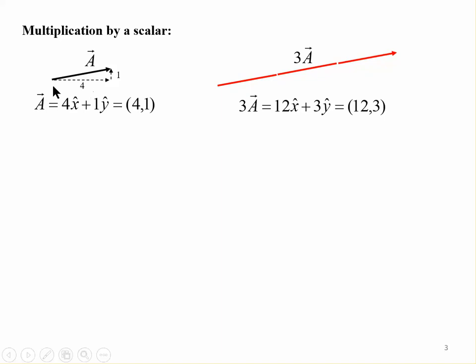But in terms of its xy components, let's say, for example, vector A has components 4 units in the x hat direction plus 1 unit in the y hat direction. Then 3 times the vector A would just be 3 times 4, 12 units in the x direction, plus 3 times 1, 3 units in the y direction. So in terms of components, multiplying a vector by a scalar is very straightforward.